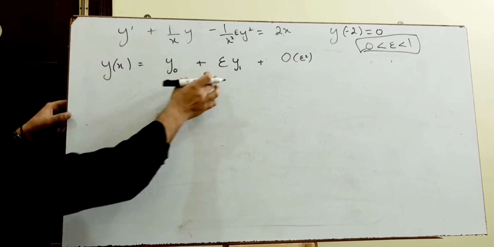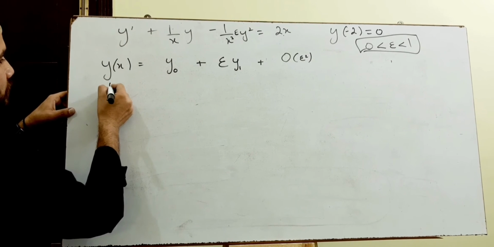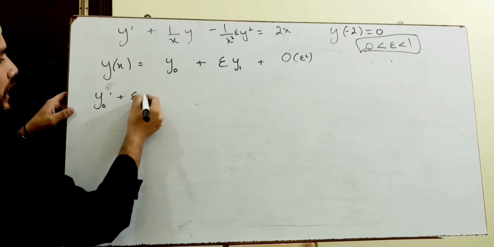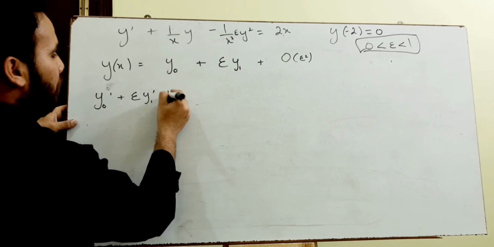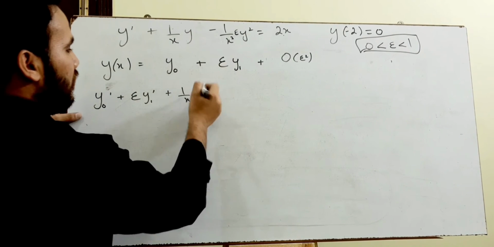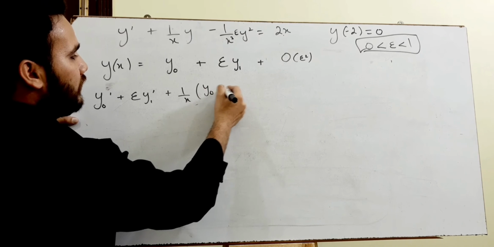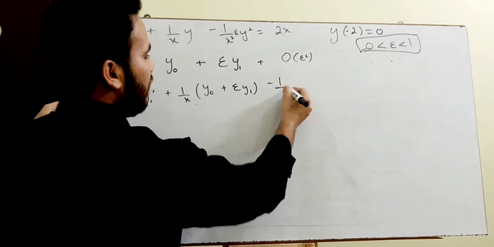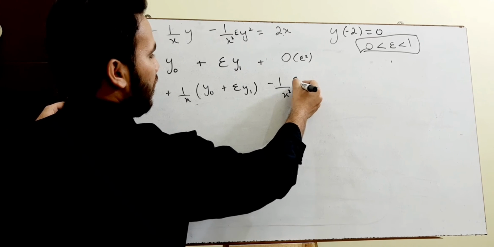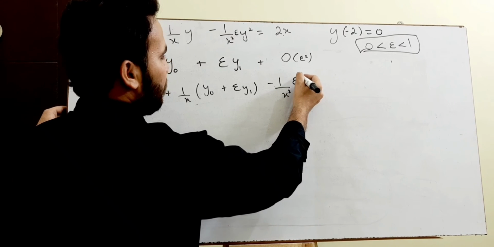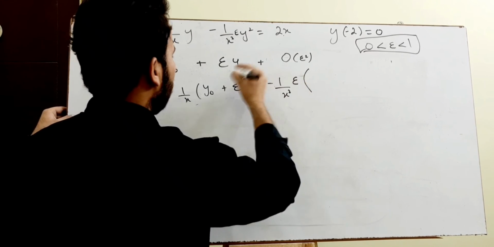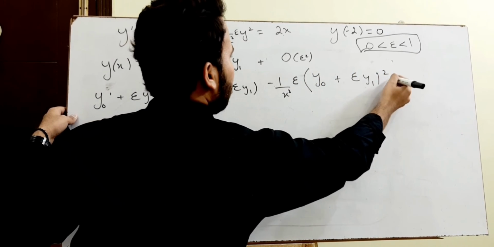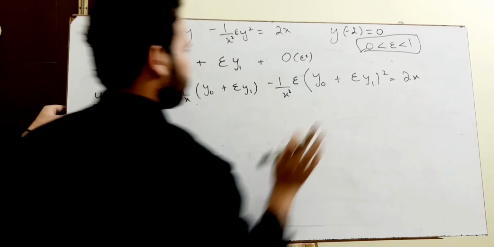So how can I use this technique? Then the y derivative will be y naught derivative plus epsilon y1 derivative plus 1 over x times y, where y is y naught plus epsilon y1, minus 1 over x cube times epsilon times y square. What is this? (y naught plus epsilon y1) whole square equals 2 times x.